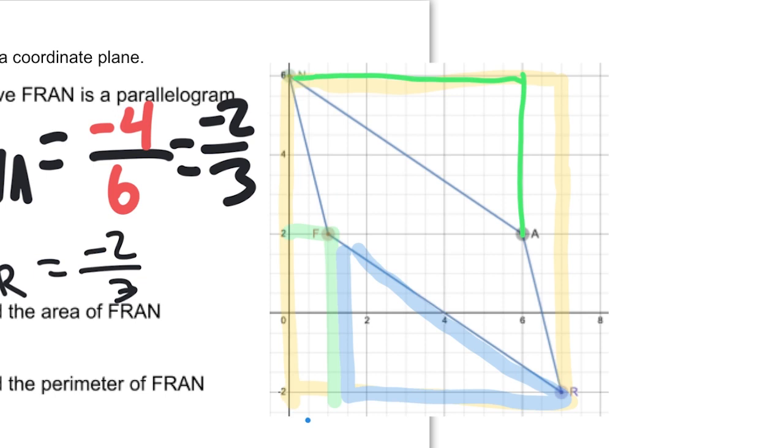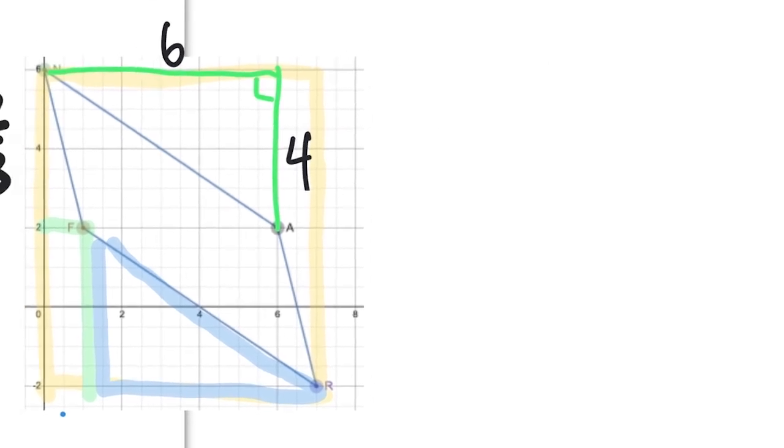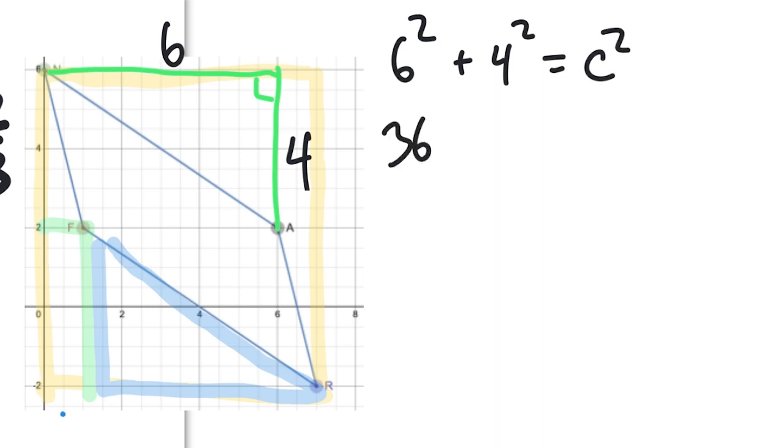And so if we wanted to figure out NA, here's what I know. NA is the hypotenuse of this triangle, and I recognize that this length right here is going to be 4, and then the horizontal length is going to be 6, and I know that you guys know that it's going to be a squared plus b squared equals c squared, which in this case is 6 squared plus 4 squared equals c squared. So it's going to be 36 plus 16 equals c squared.